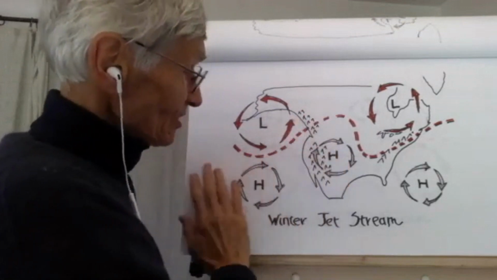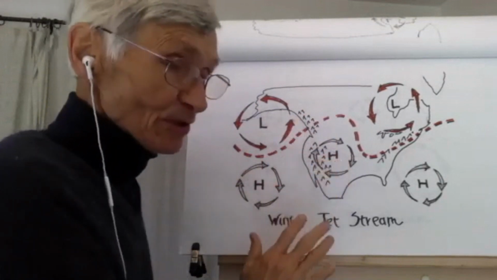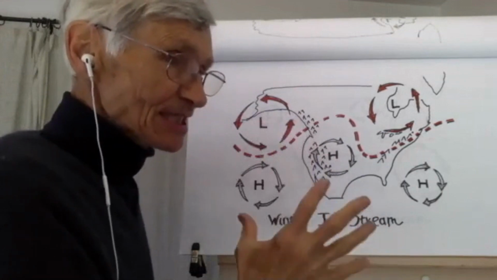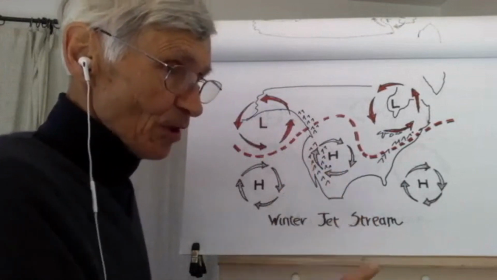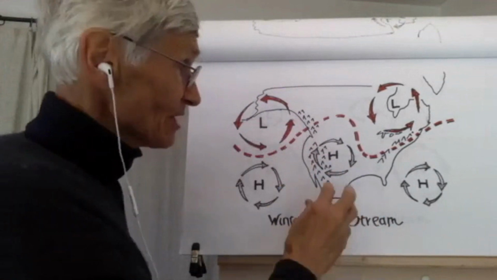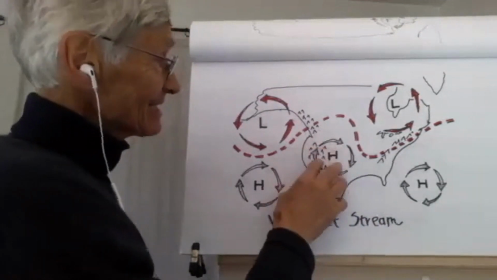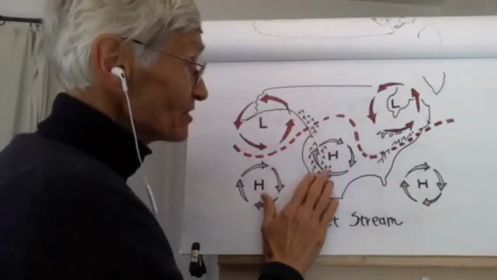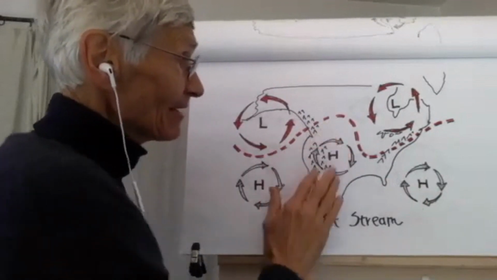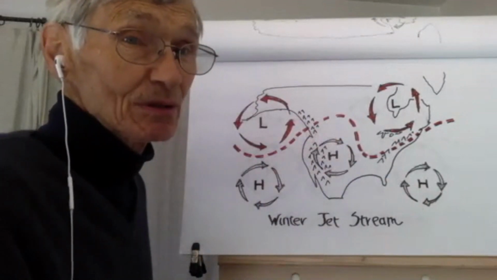But because this high in the winter is very, very stable because of the cold air in the basin and range area, it's called basin and range, it tends to push the jet way up into Canada during the winter.